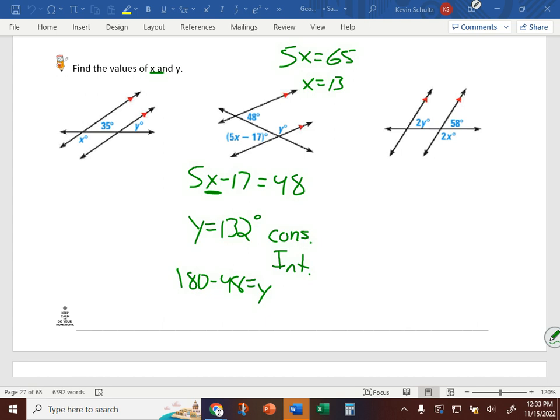You are going to do, on page 157, 9 through 20, comma, 22 through 24.